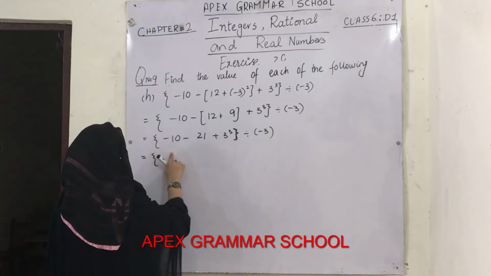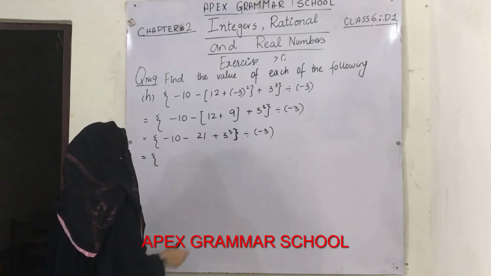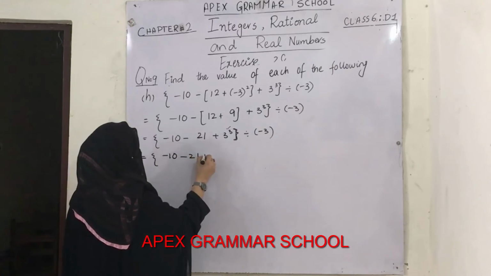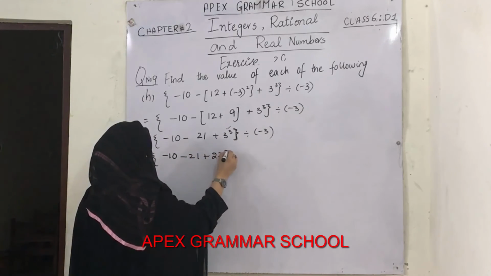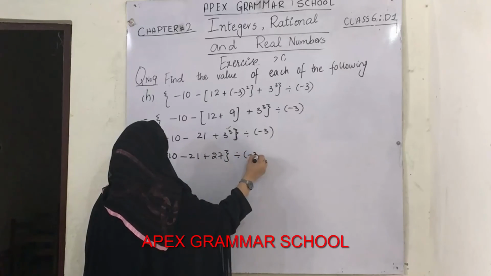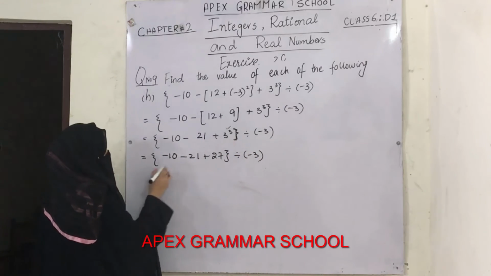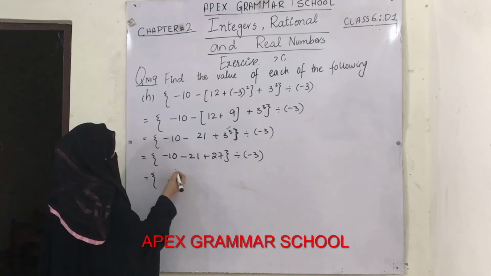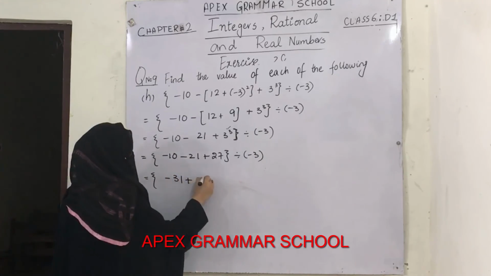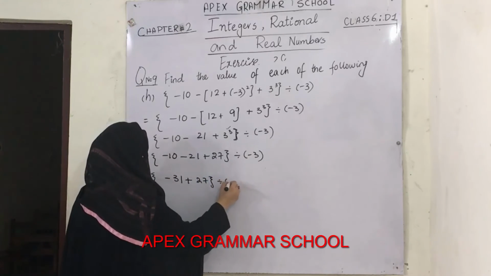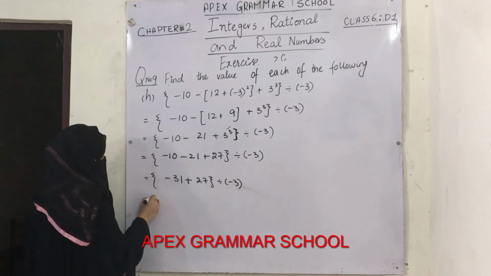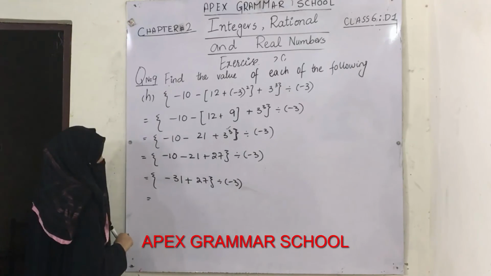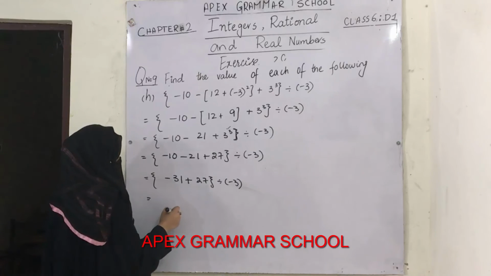Now in this bracket there are two operations, negative and addition. So first I have to solve my power. Minus 10 minus 21 and cube of 3 is 27 divided by minus 3. As 10 and 21 are having same sign, we have to add them. 10 plus 21 will be 31 and the sign will remain the same. Plus 27 divided by minus 3. 31 and 27, both of them are having opposite sign, which means we will subtract them.